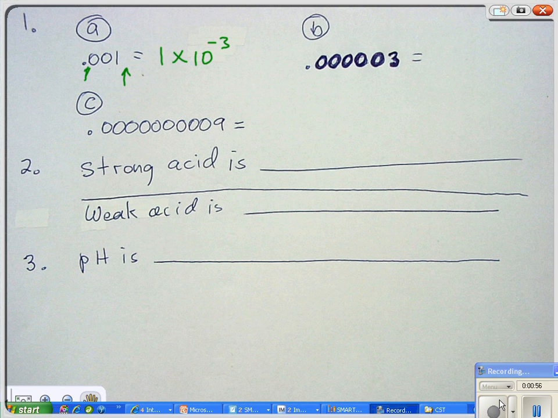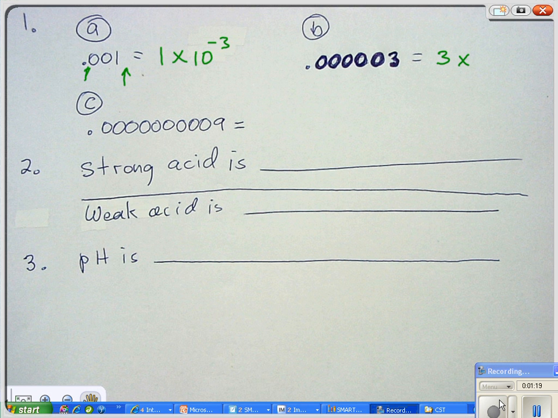Now, over here, we had 1, 2, 3, 4, 5 zeros, and then we had a 3. And there's no numbers to the right of the 3, so we can't write anything but the 3. And I'm trying to keep this really, really simple because it helps you understand what's happening with powers of 10.